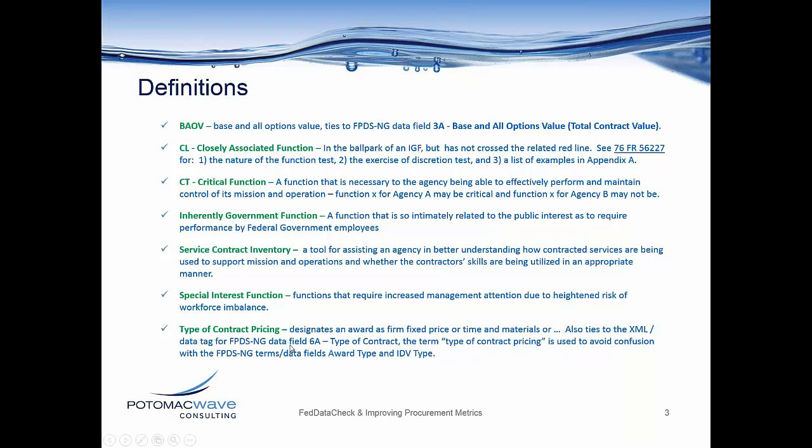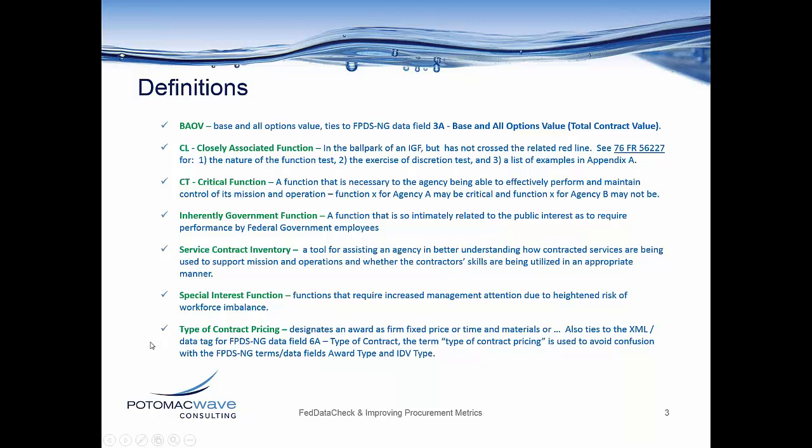Type of contract pricing. This ties to FPDS-NG, data field 6A, type of contract. We, at the Data Check team, like to use the term type of contract pricing, and we're talking about firm fixed price, cost plus fixed fee. That's what we're talking about when we use that term.